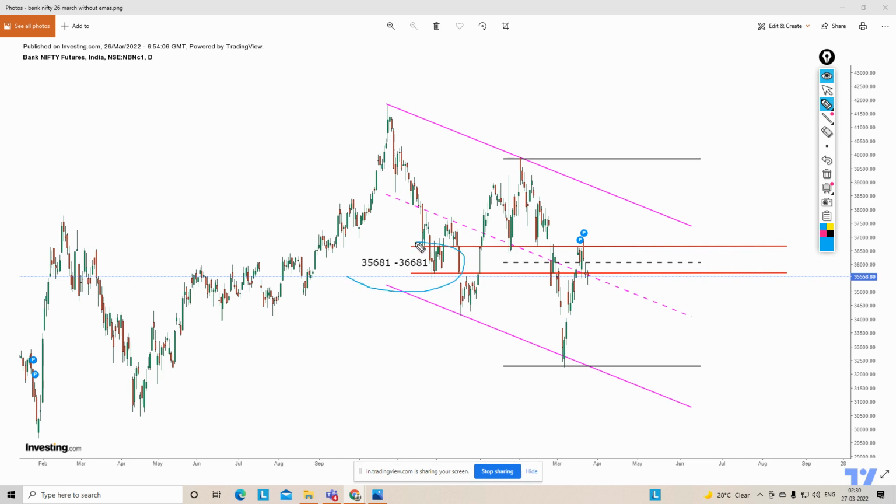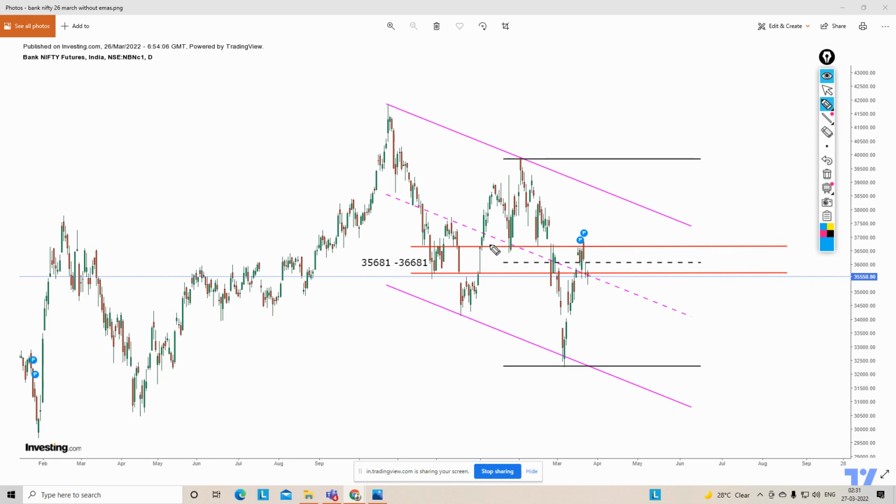Whenever Bank Nifty goes above 36,681, it makes a very steep high. Or whenever the Bank Nifty recently crossed below 35,681, it has gone very steeply down. And when I say steeply down, from this area the journey of the Bank Nifty on either side is close to 3,000 points.